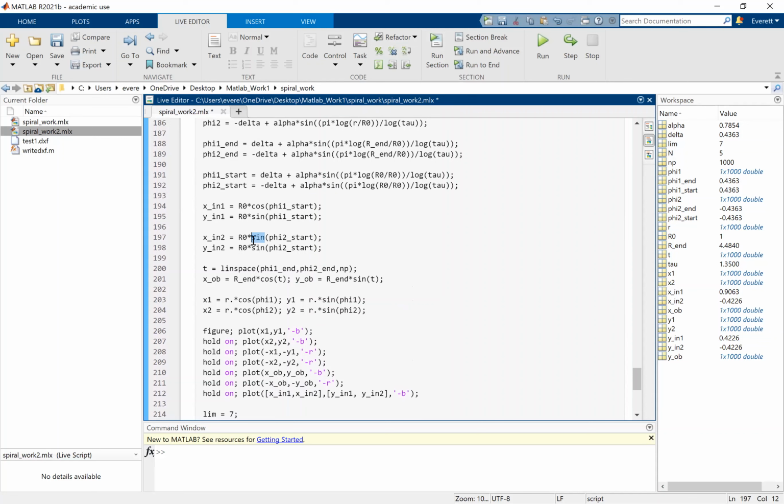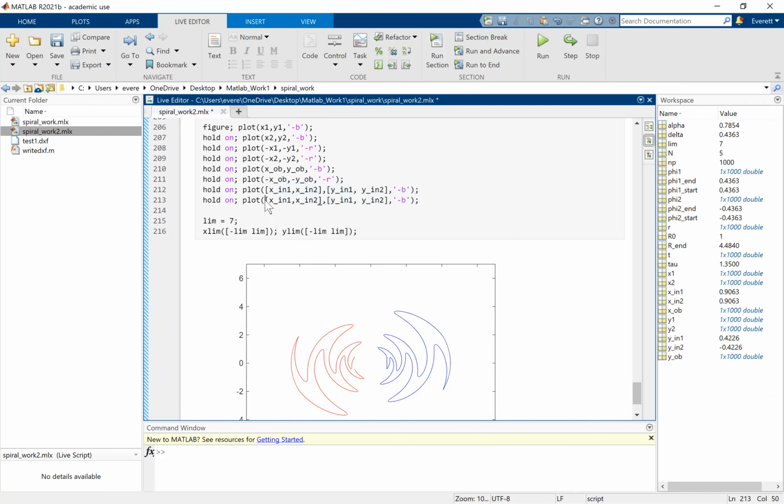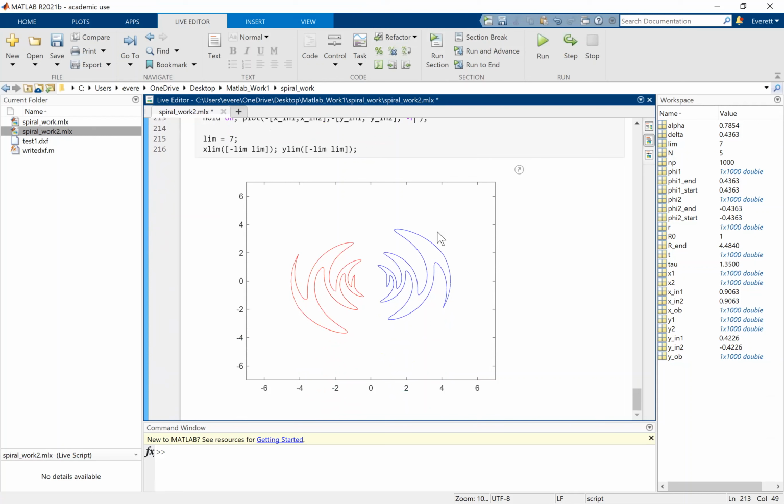This is supposed to be cosine here. Now we have our very nice inner bound here. And again, to make the other side, we just make these negative. This is negative, and we'll make this red. All right, so we have our very nice inner bounds here. We have our outer bounds.